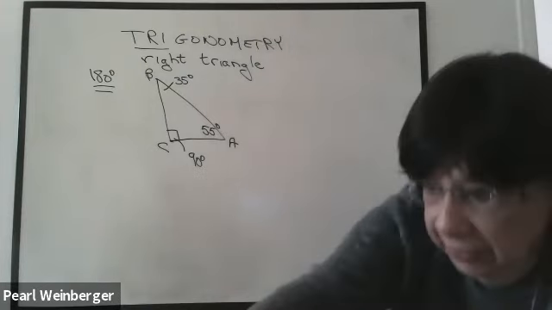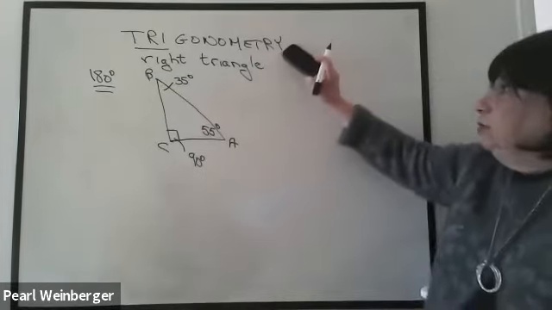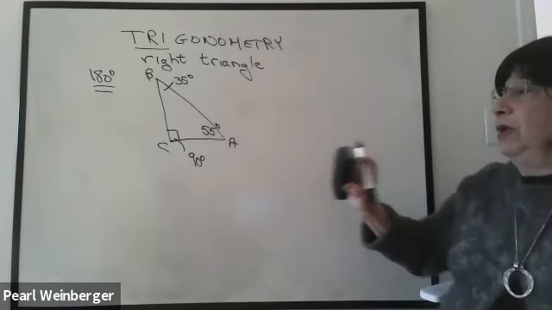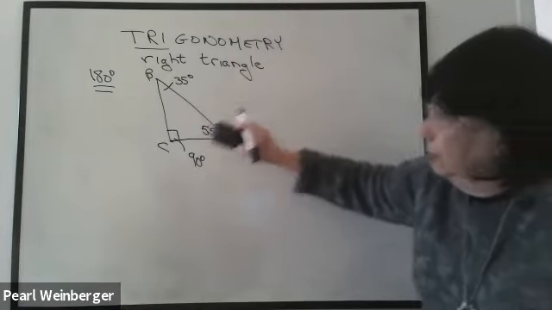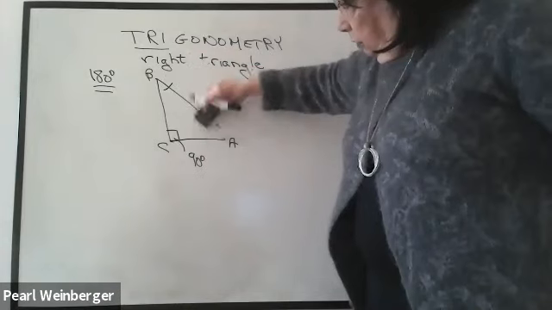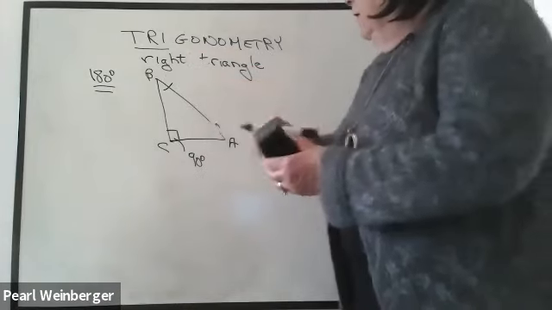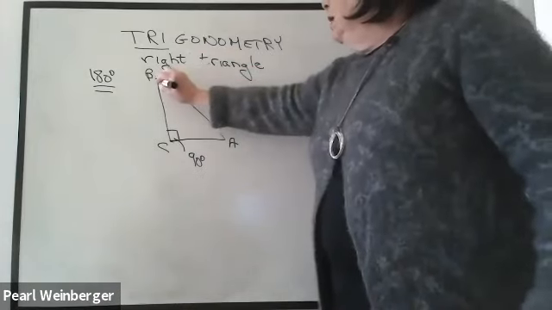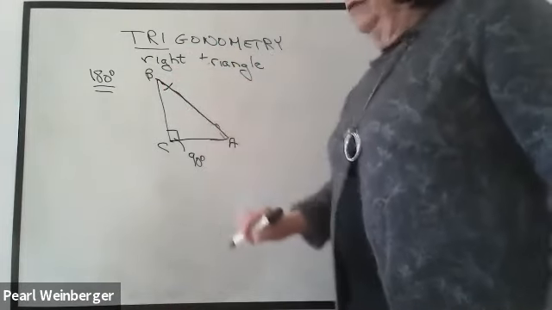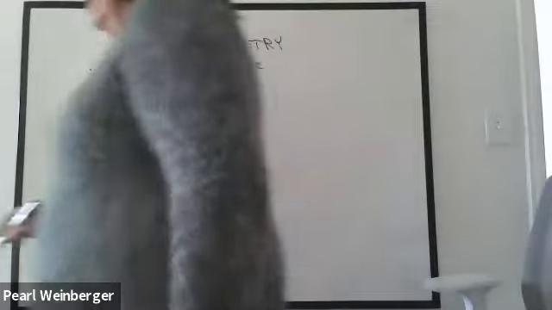What we're more interested in trigonometry is the sides. And before we actually go into trigonometry, we're going to talk about how to figure out the sides of a right triangle.